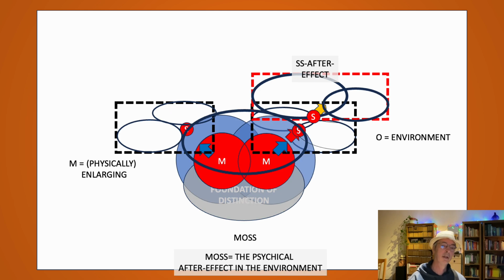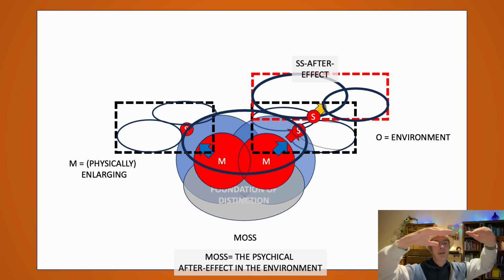So moss. So I have here the M is this enlarging of the physical, of the physicality that is growing there, and in that region, of course, there will be added something extra, the O, which is the environment which is included.